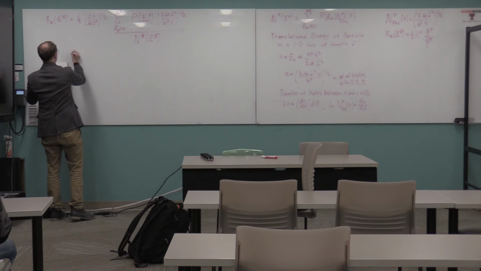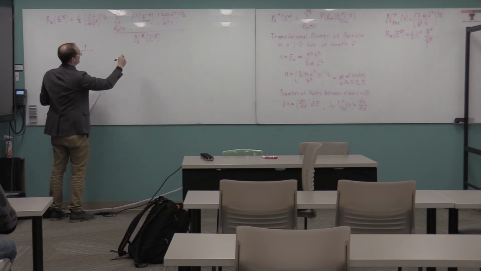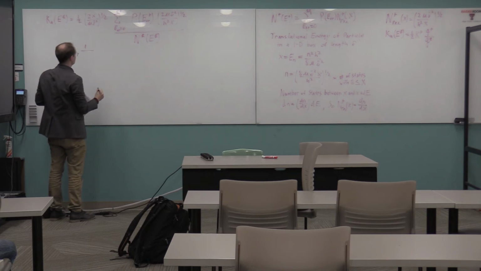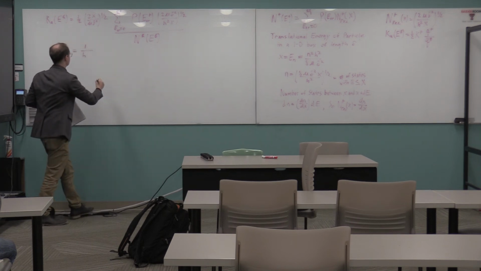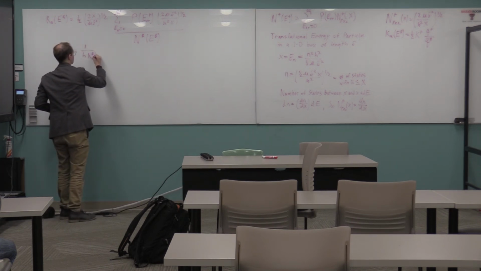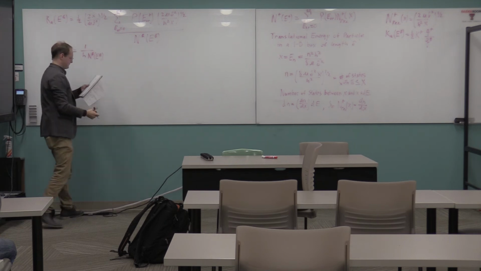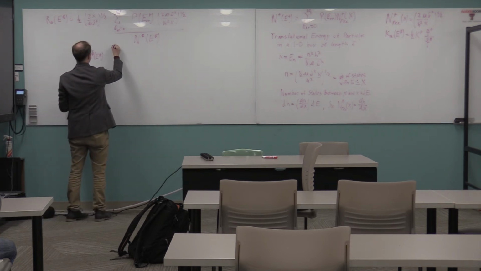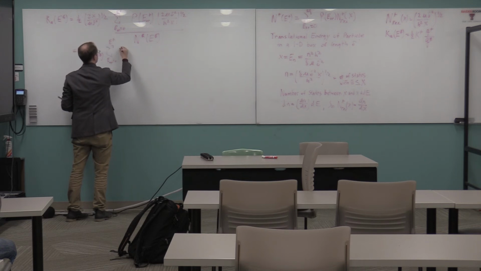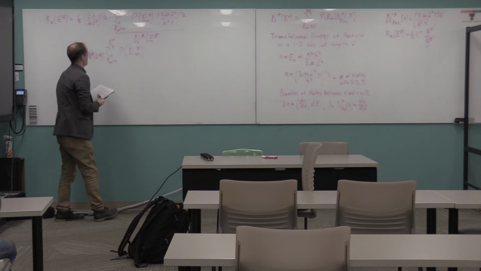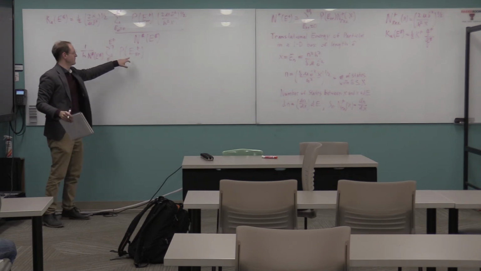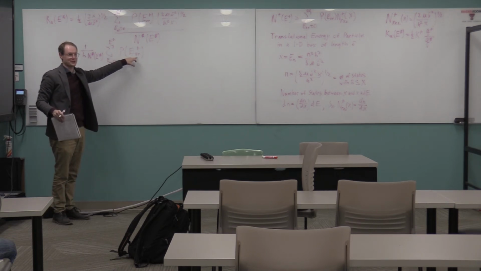And after we cancel everything, we're left with the square root of h squared, which is h, so 1 over h. And then in the denominator, we have an n star, the density of reactant states. And then we're left with just the sum over all energies of the probability of having a certain vibration rotation state at that energy.